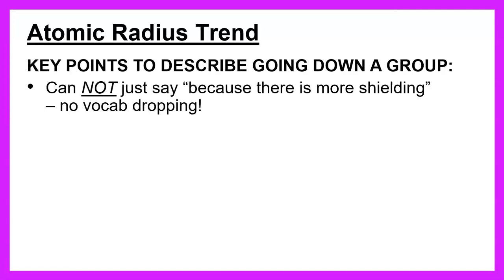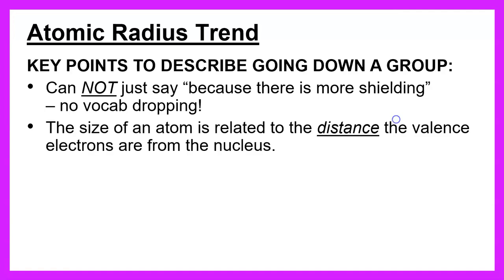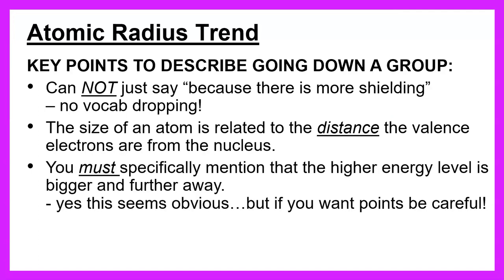That's a vocab term. What AP College Board is looking for is that you understand that the size of the atom is related to the distance the electrons are from the nucleus. And you have to be very specific and mention that the higher energy level is bigger and further away. You can't just say it has a higher energy level, right?